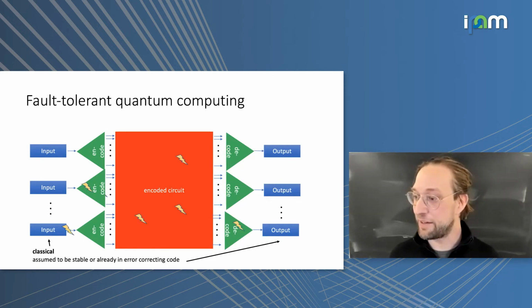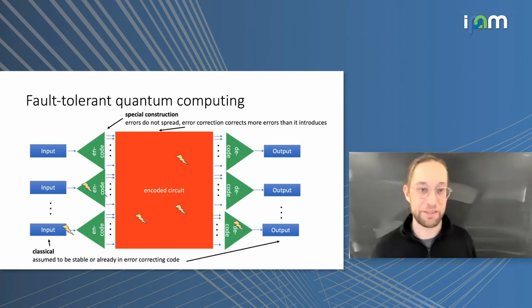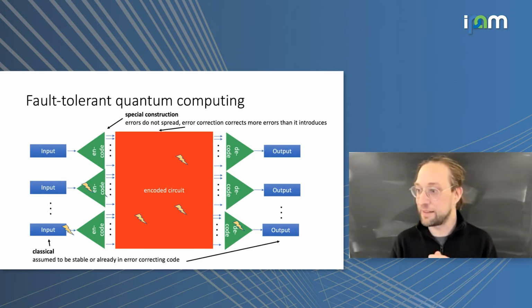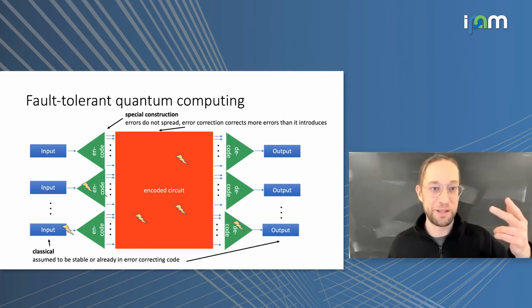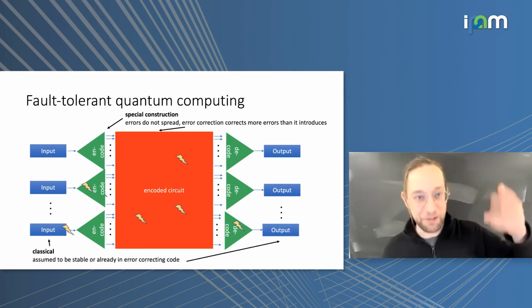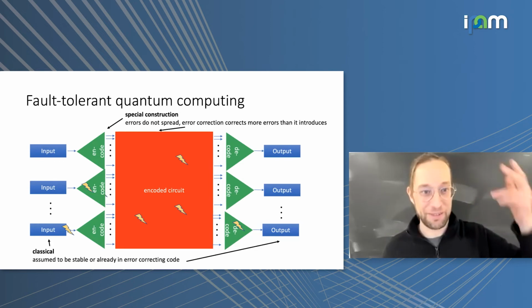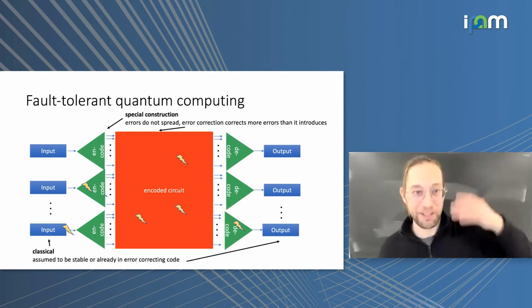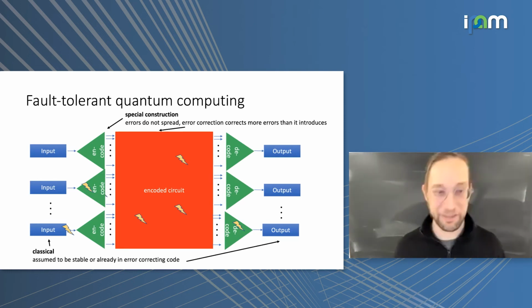And if errors happen in here, then there are special constructions called gadgets and all sorts of stuff. It's amazing that this is done so that the errors don't spread. The error correction intuitively should correct more errors than it introduces, right? So you're doing error correction the whole time, correcting more than you introduce, and then overall the error goes down. That's the idea.